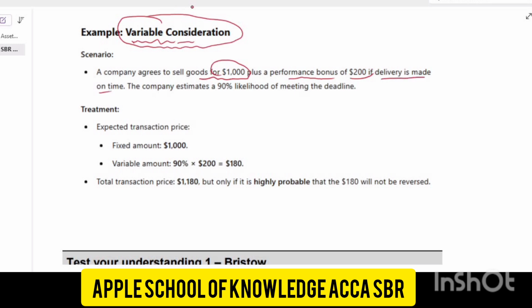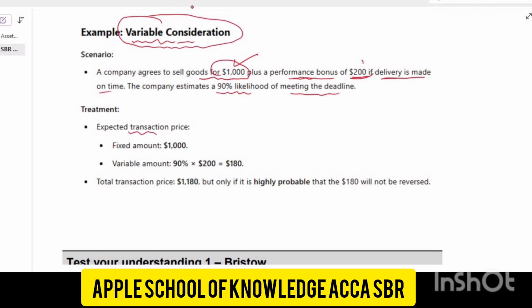The company estimated a 90% likelihood of meeting the deadline. So this is the deadline on which the company agreed to sell the goods. This is the fixed amount, and the performance bonus applies if the delivery is made on time.